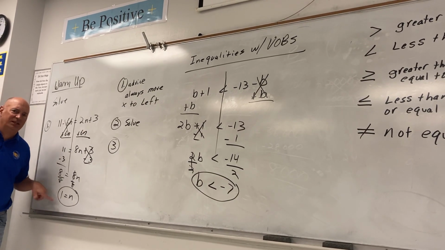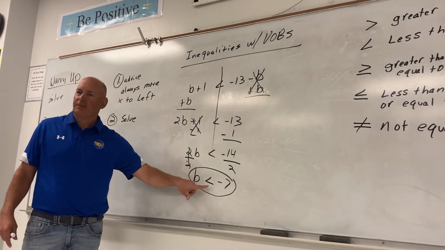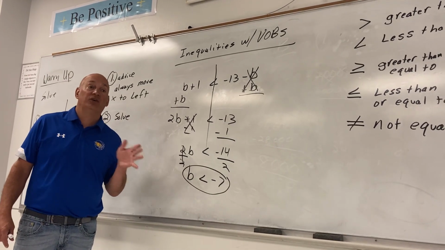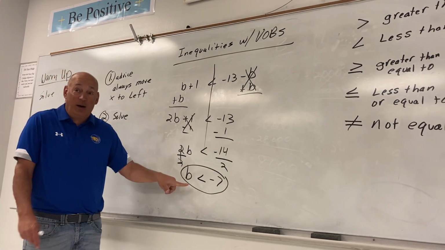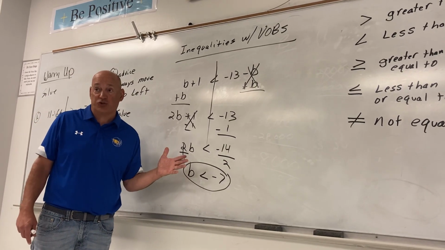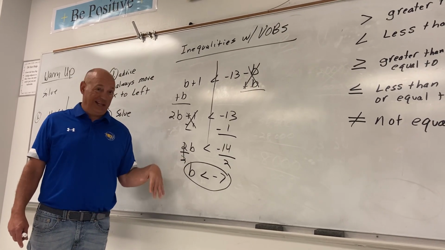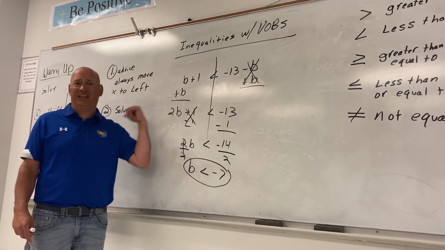N has to be the number 1. In an inequality, there's a bunch of answers that could work. Because if we read this, it says B can be any number that is smaller than negative 7. Well, there's a bunch of numbers that are smaller than negative 7. Negative 8 is, negative 9 is, negative 10 is, negative 11 is, all the way to negative infinity.